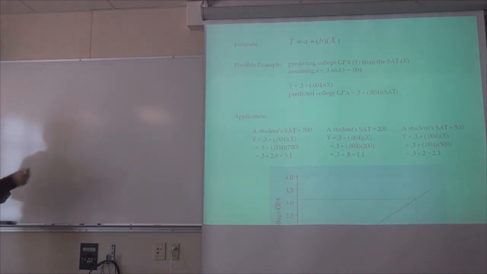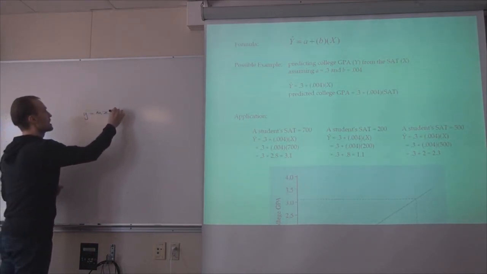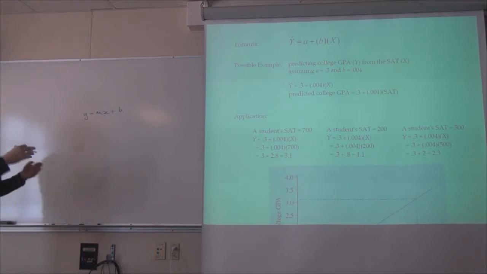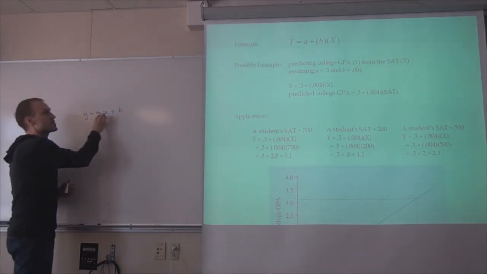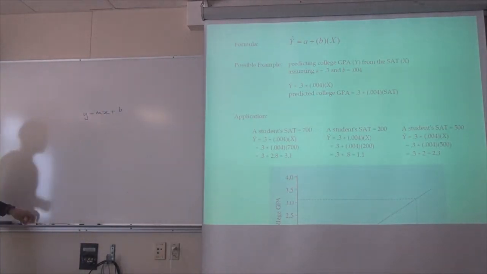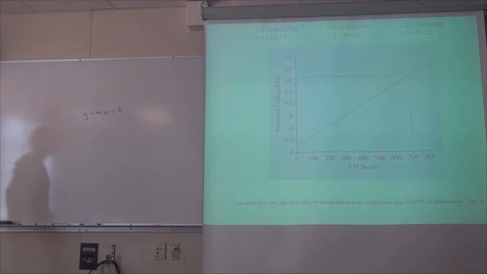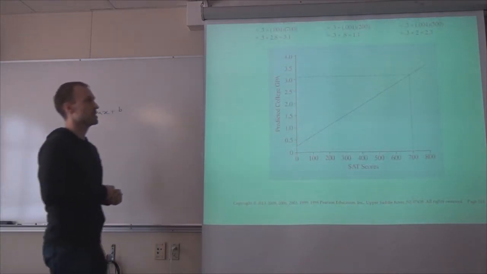Maybe from school you might remember the form y equals mx plus b. That's the same, it just shuffles around a little bit. I still have some number times the x variable plus some other number. It looks the same way, and that's the equation for a straight line. Hence the name linear regression.